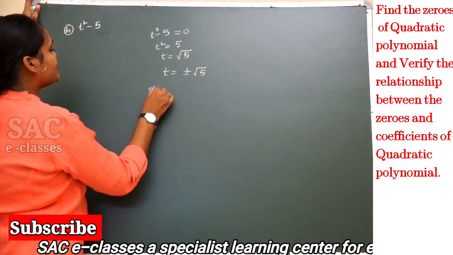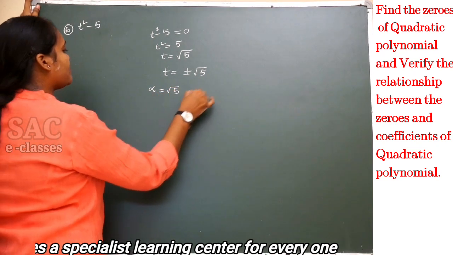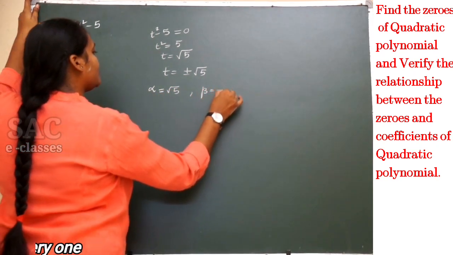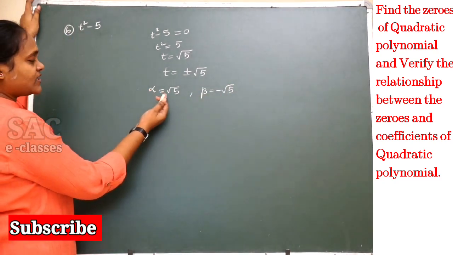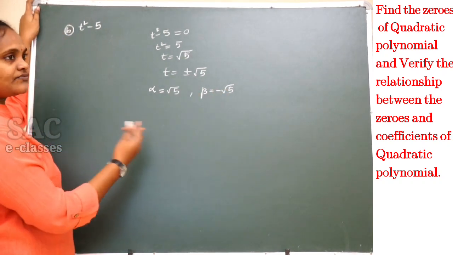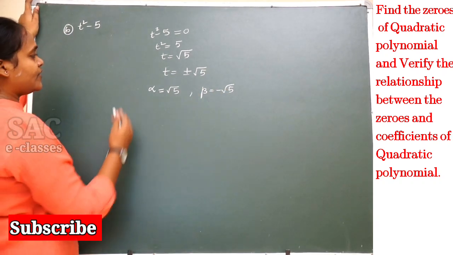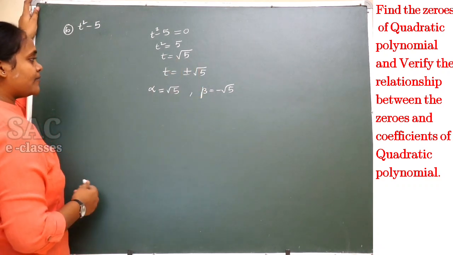Assume the first one, alpha, is root 5 and beta is minus root 5. You may have a doubt: Ma'am, what will happen if alpha is minus root 5 and beta is plus root 5? We can take it that way; the order of the roots is not important here. You can assume anything as alpha and anything as beta.